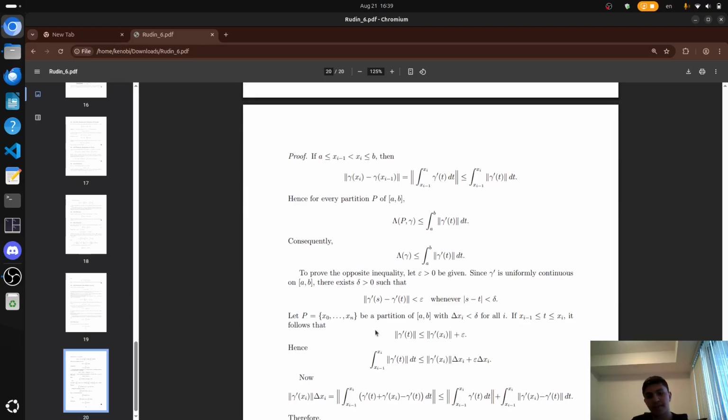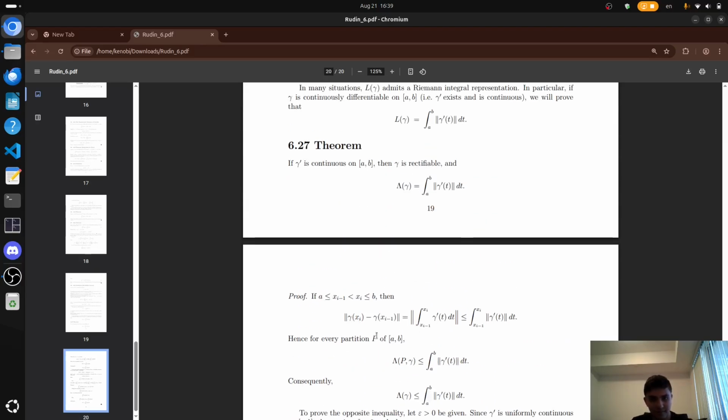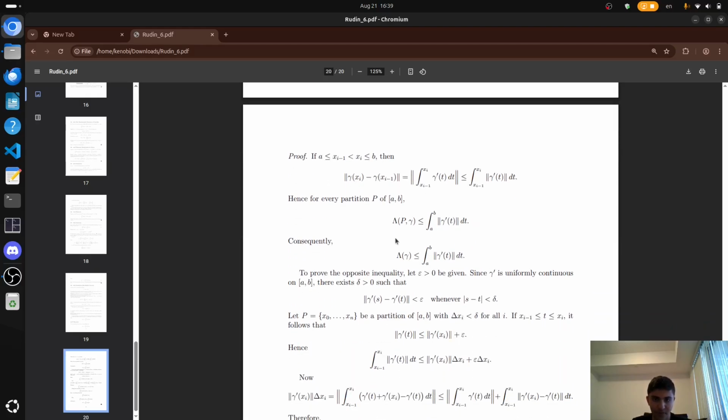So we know that gamma prime is continuous on AB. So by continuity, the absolute value of gamma prime of s minus gamma prime of t is less than epsilon whenever the absolute value of s minus t is less than delta.